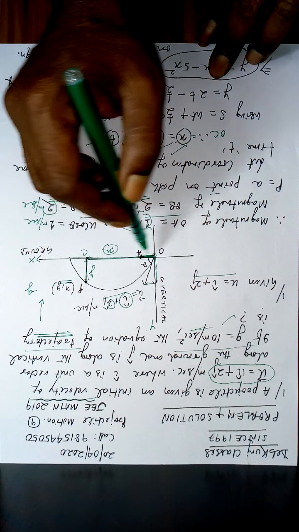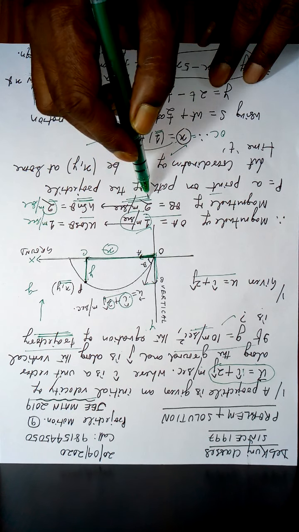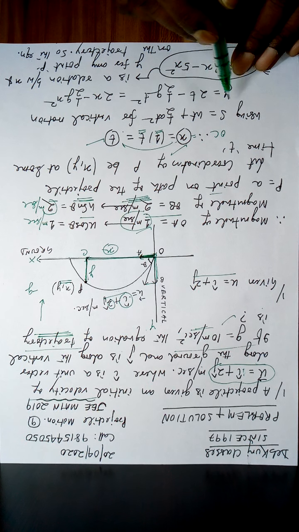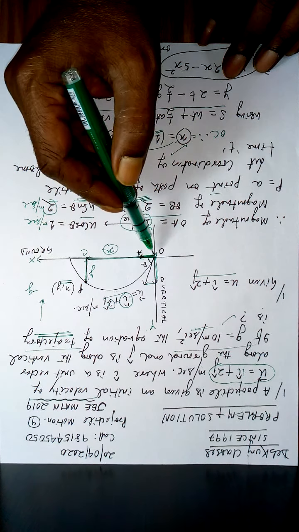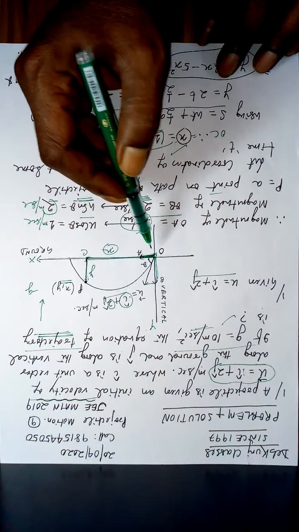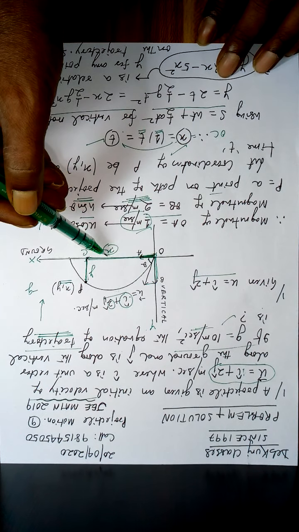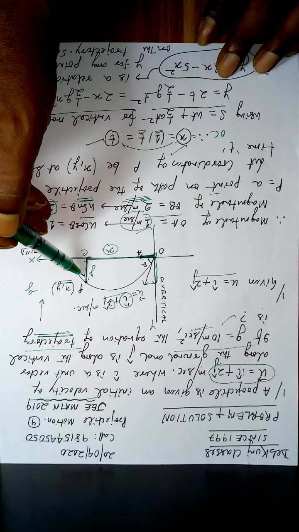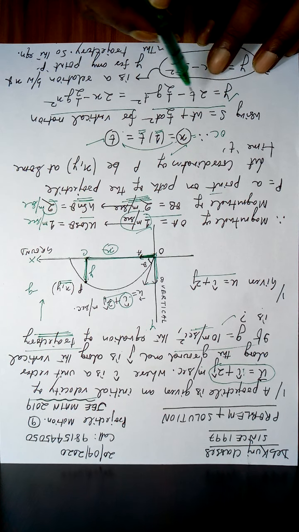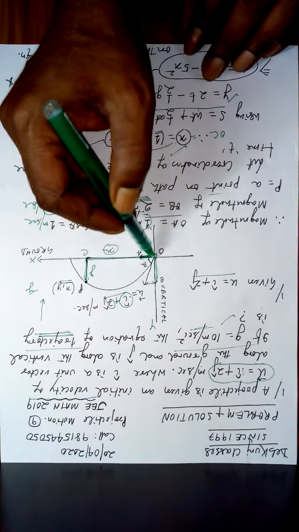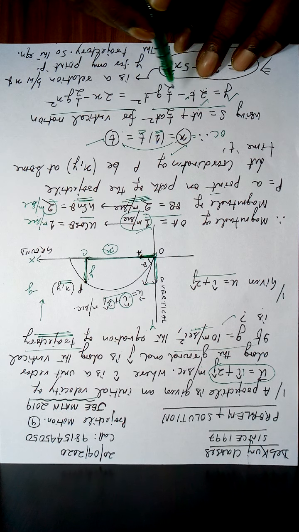Now this y distance is travelled due to this OB. The magnitude of OB is equal to 2 meter per second. So using s equals ut plus half at square for vertical motion, in time t this component has taken the projectile up by this amount. So s is equal to y, u is this velocity, that is 2, in time t: ut.